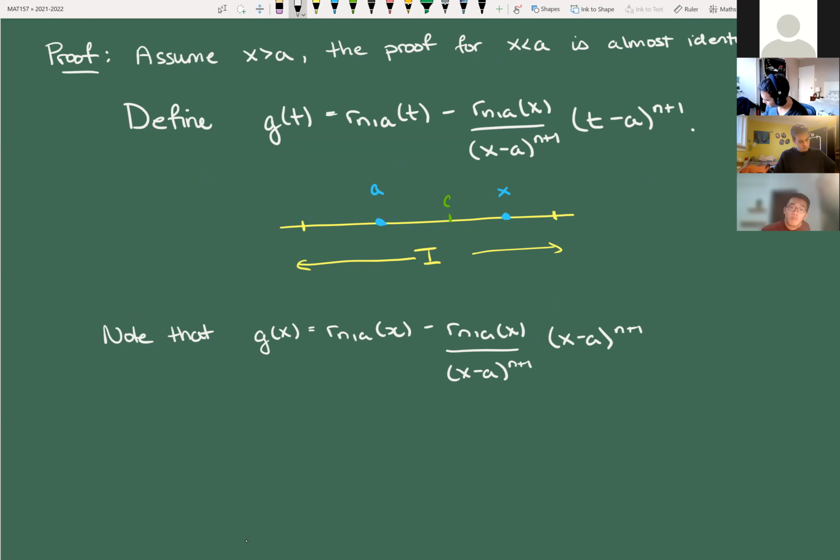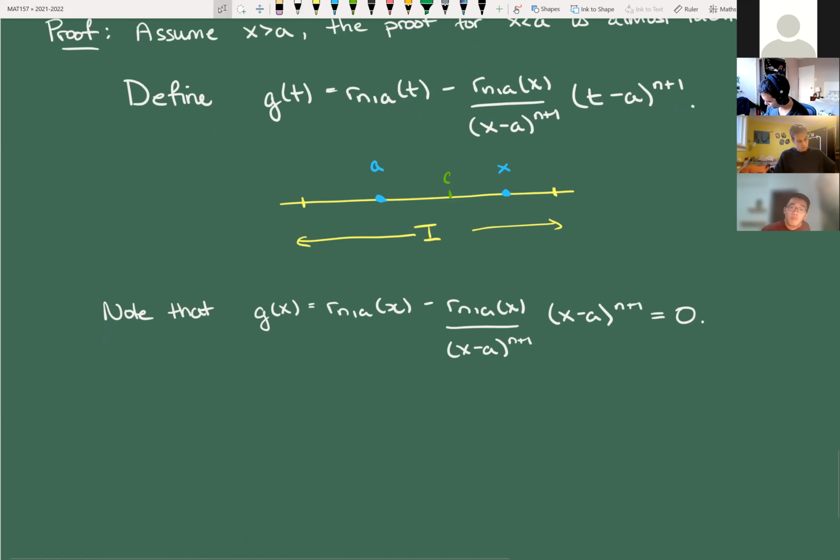So I get 0. Basically, my function is 0 at the right endpoint by construction. Now I claim that g to the k of a is equal to 0 for all k equals 0 up to n. Okay.